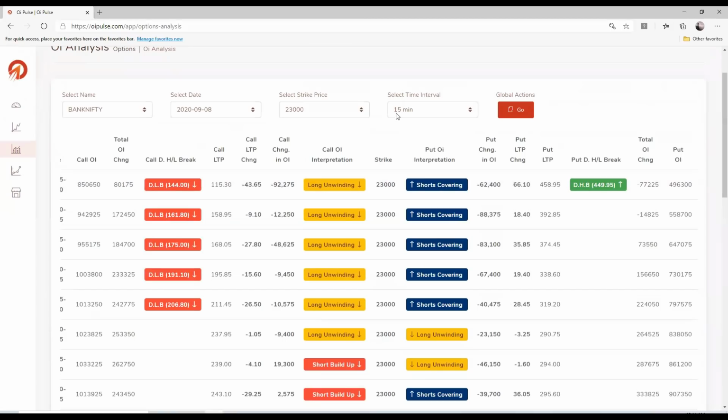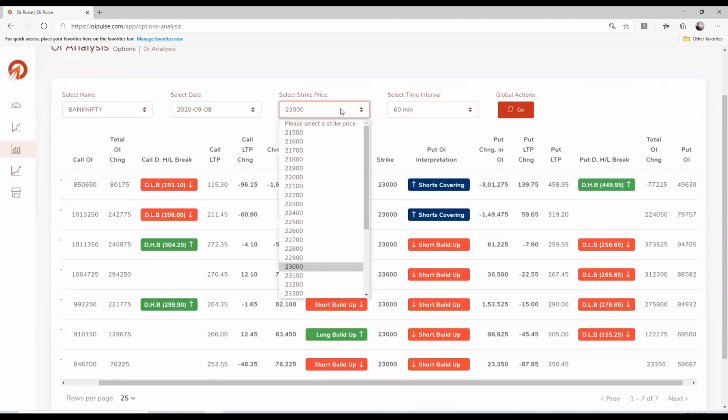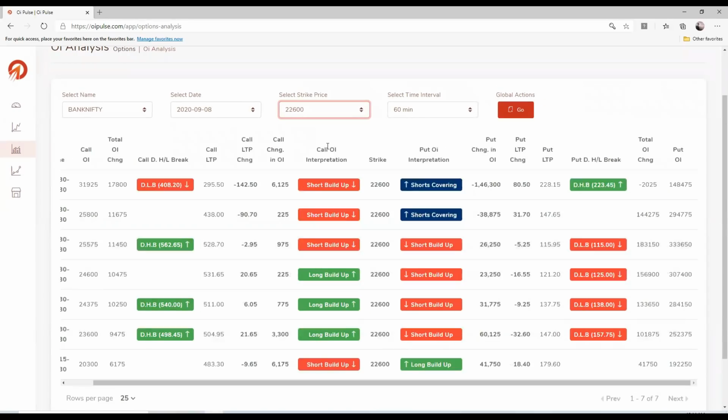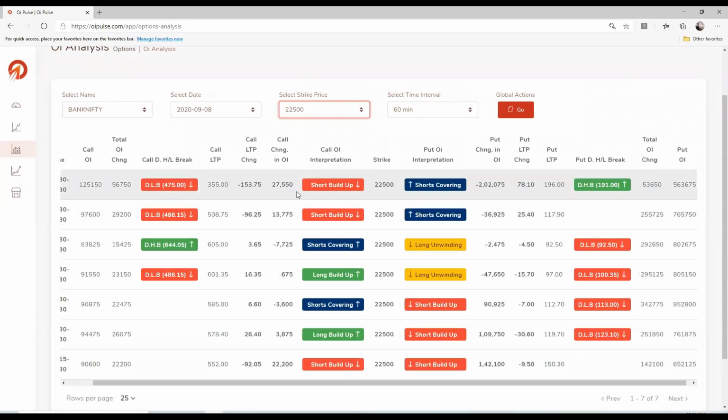To get a confirmation, what I always do is, Bank Nifty closed somewhere around 23,600, okay, 22,600, sorry. We would be looking at all the strikes in that particular range. I will be looking at 22,500 very closely to see how these guys have closed it. Look at this. At 22,500, we started to see a significant short buildup, whereas at 23,000, we saw a long unwinding.